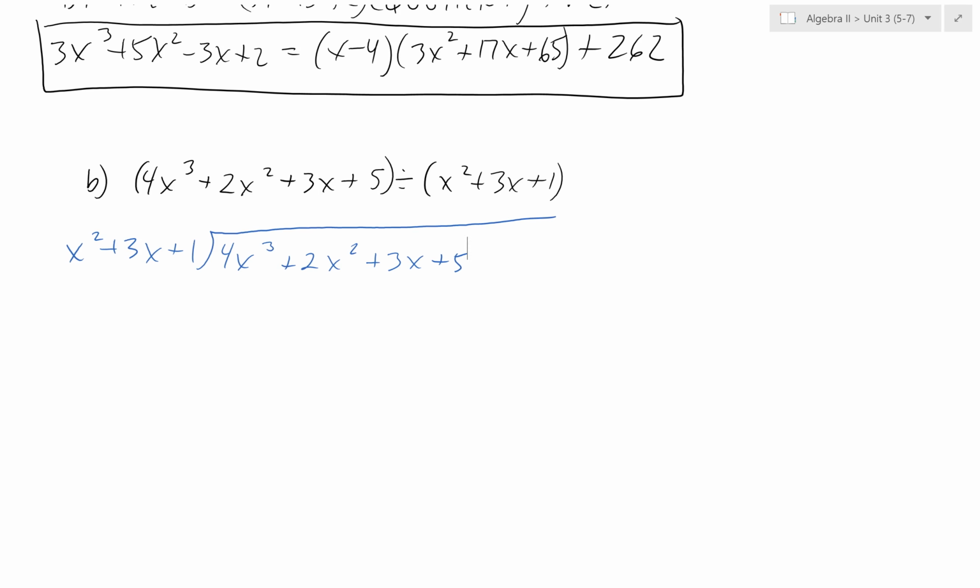Okay, same process. We first need to figure out what we can put up here so that when I multiply it times x squared, it gives me 4x cubed. Discuss in your groups right now, what would I put in that circle?